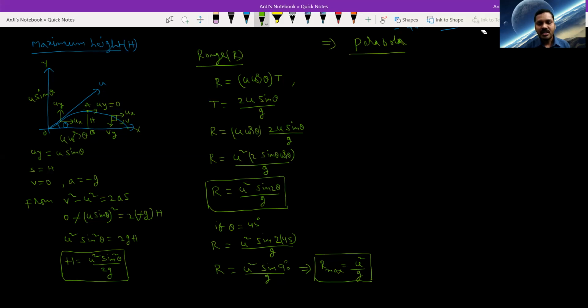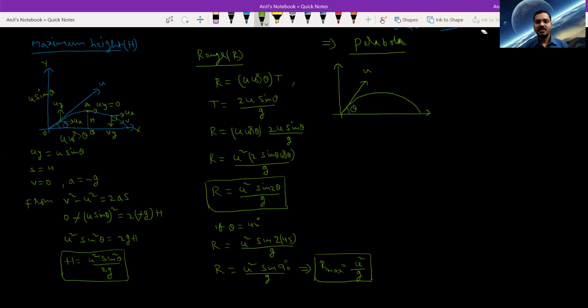The same diagram once again I am drawing here. The body is projected with initial velocity u, and it makes an angle theta along x direction. This is the trajectory. Trajectory is nothing but the path of the body.